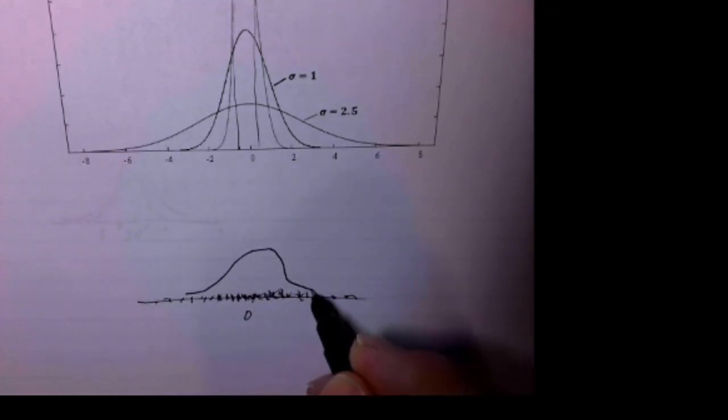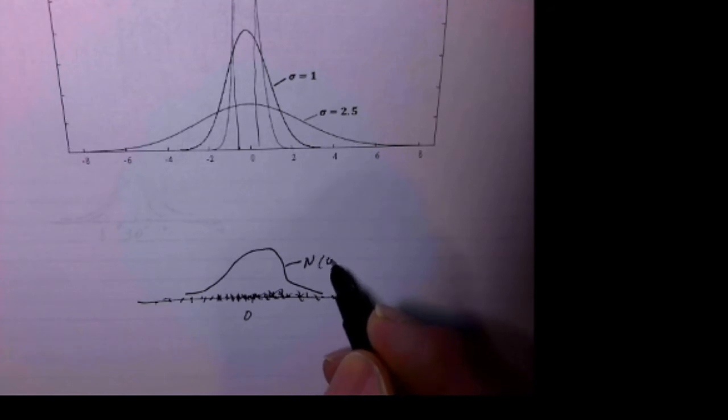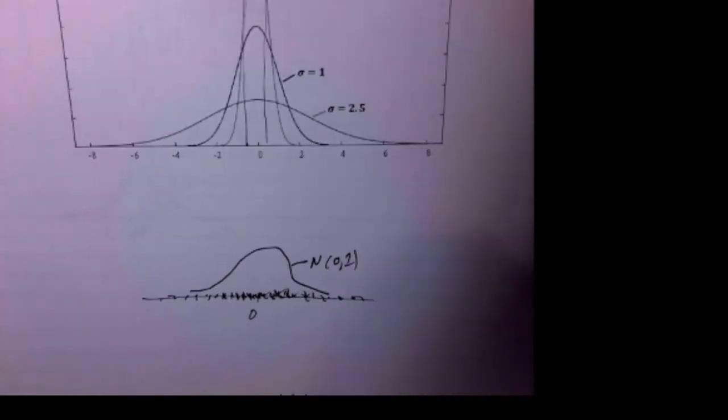Well, if this is the normal curve with mean 0 and standard deviation 1, then the normal curve with mean 0 and standard deviation 1/2, that would have to be for a different kind of data set. Sorry, I'll try to make that visible. There we go.